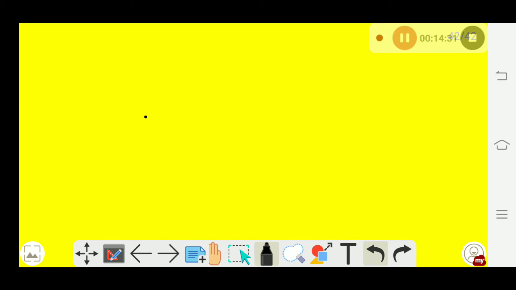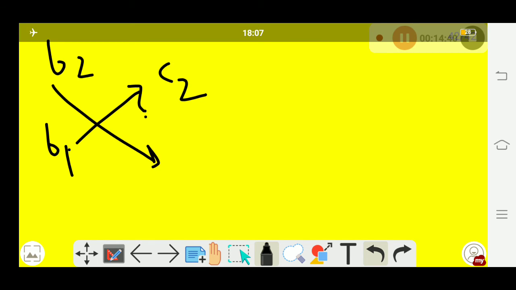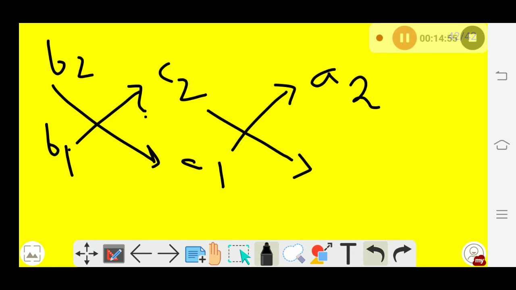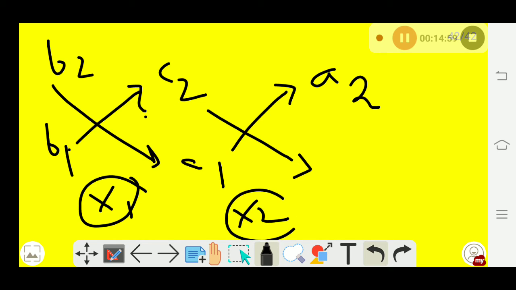What is it? b1 c2. First you can take any fashion, but take equal cross multiplication in each and every step. Sign convention, there might be a problem. Okay, b2 c1, c1 a2. For x1 you will miss a, for x2 you will miss b, for x3 you will miss c.